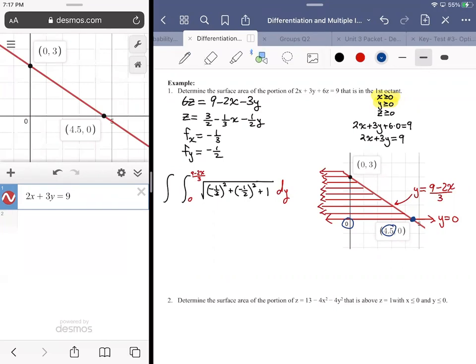So it starts off at 0, it gets all these values. And in fact, if you think about it, when I say that x is going from 0 to 4.5, I'm really saying that I'm accounting for vertical lines, not line segments, but vertical lines going from 0 to 4.5.